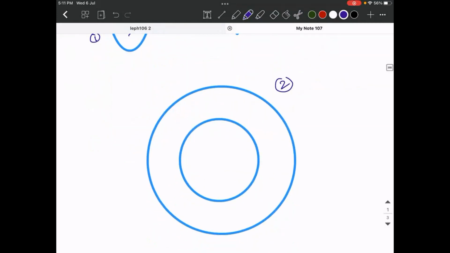In a similar way, if I have the current passing through the first coil, then there is a magnetic field which will be into the plane. This magnetic field will create a flux in the second coil also, due to which there is an EMF induced in the second coil.